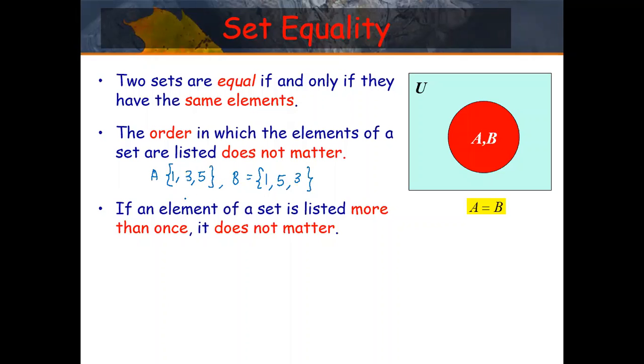But since they have the same elements, set A is equal to set B. Because they have the same elements, order doesn't matter for right now. Later we are going to learn how to order the elements of sets.